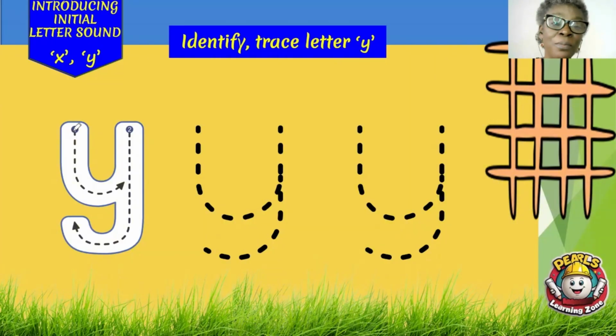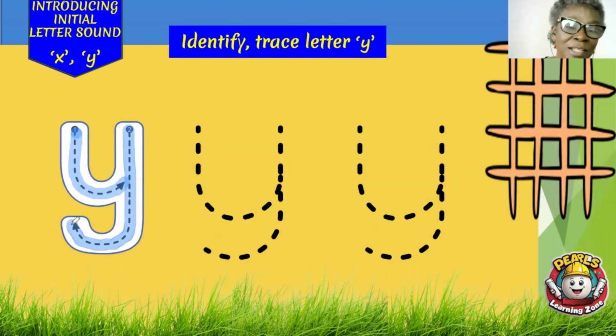It's from the top, then you curve in and stop. Follow the dotted lines. Halfway, you curve and stop. Then you go up and take it from there and run it across, right by the side, and curve it in. Can you see? Beautiful.